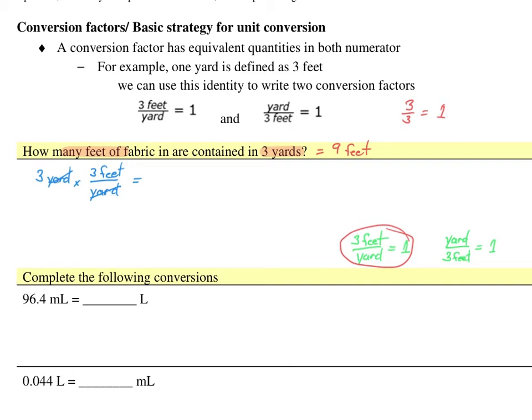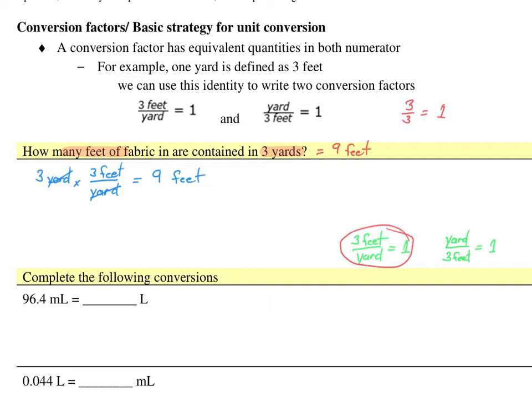Now that we know that we have our desired units and the answer, we can do the math, which is 3 times 3. It comes out to 9 feet. So writing our units out in the form of a conversion factor will allow us to know that we need to multiply by 3 rather than divide by 3.